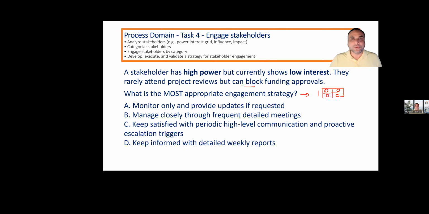If you remember this stakeholder engagement grid, you can easily identify. If you want to recall it: keep them updated, work with them continuously, keep them updated, meet their expectations, work closely with them. So now, what do you think is the most appropriate strategy?